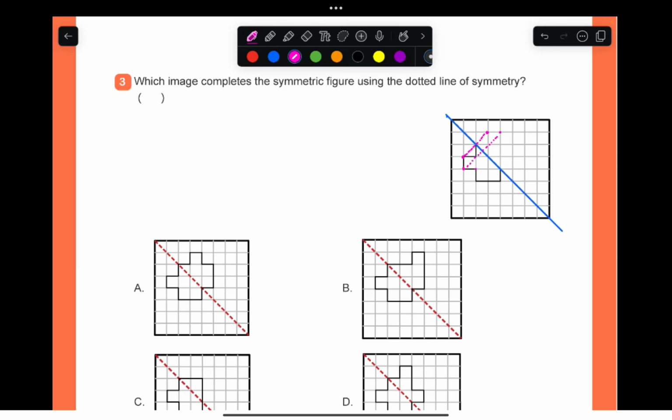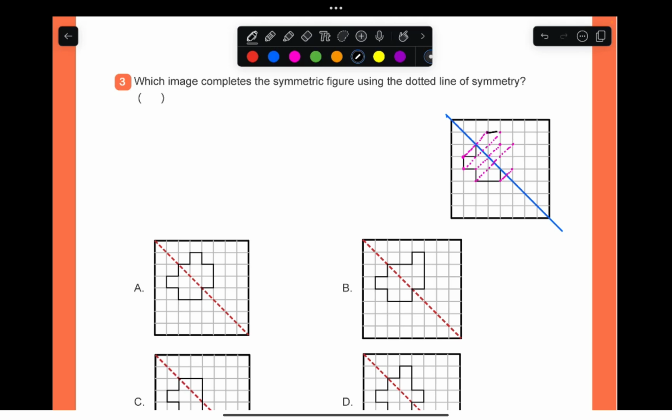This is one diagonal away from the mirror line. So the other side is one diagonal away from the mirror line. Okay, this is 1.5 away from the mirror line. This is 1.5 diagonals away from the mirror line. This is half a diagonal away from the mirror line. So the image is also half a diagonal away from the mirror line. Okay, now we just have to connect the dots. So how should we connect it?